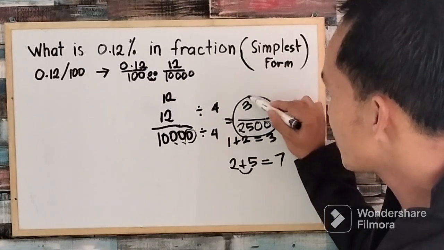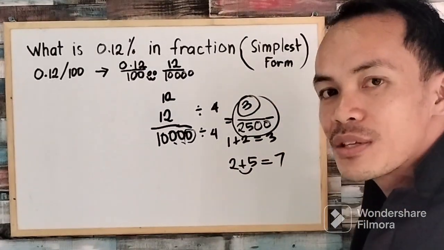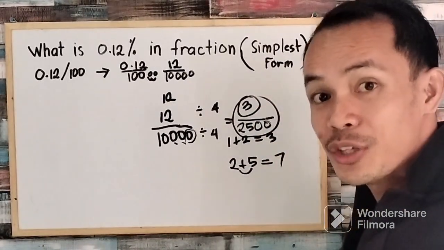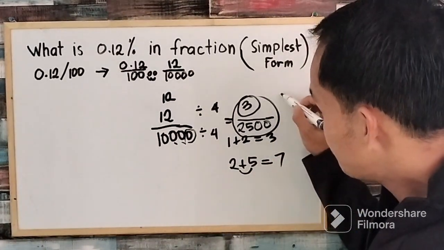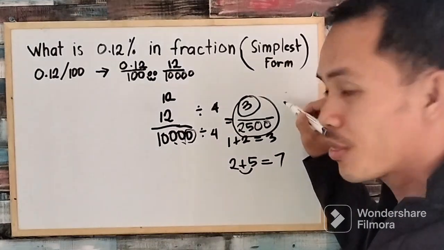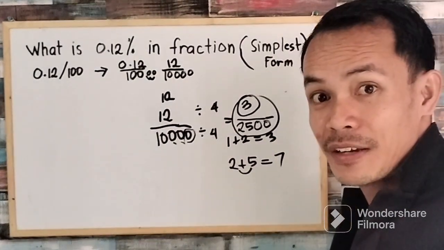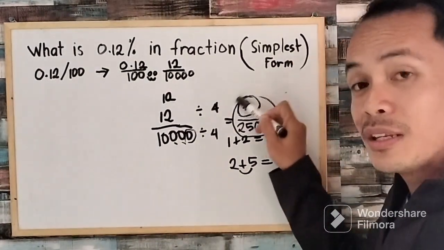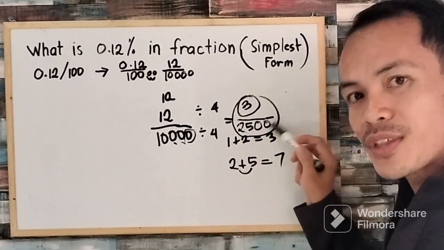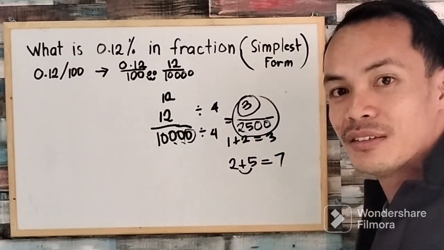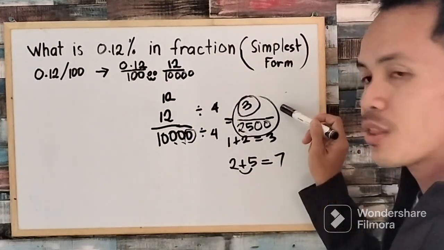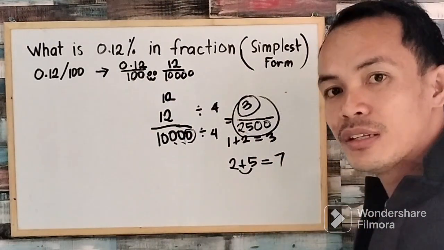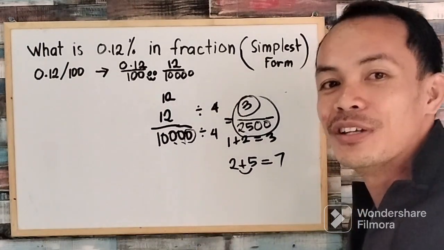Because we have 3 in the numerator, so any number greater than 3 can no longer work. This is already our final answer, 3 over 2,500. So 0.12% is equal to 3 over 2,500 in fraction.